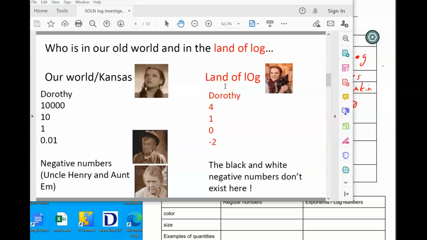So that is why the red numbers are considered small, because they're exponent numbers. Now that we know that red 4 is equivalent to 10 to the 4th in the old world, we can look at the red -2, which is 10 to the -2 in the old world, which is 0.01.